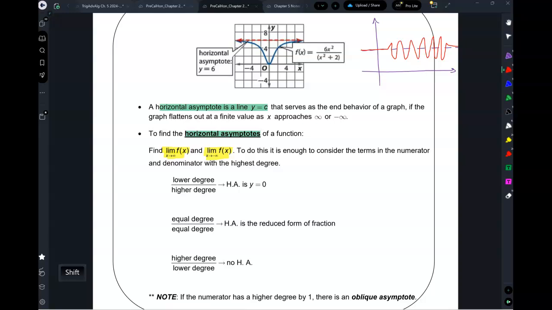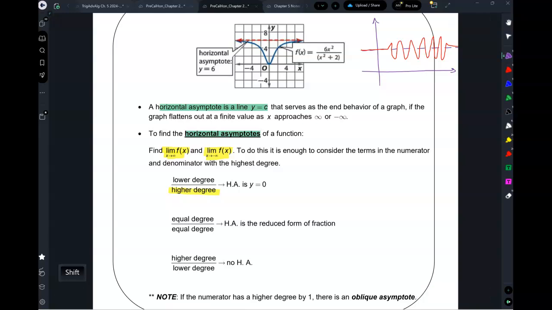Okay, so how do you find horizontal asymptotes? Because it's at the infinities, we only look at the leading term. So we take the leading term from the top, the leading term from the bottom. It's just like the leading term test. If you have a rational function with a higher degree in the denominator, then the horizontal asymptote is y equals 0.